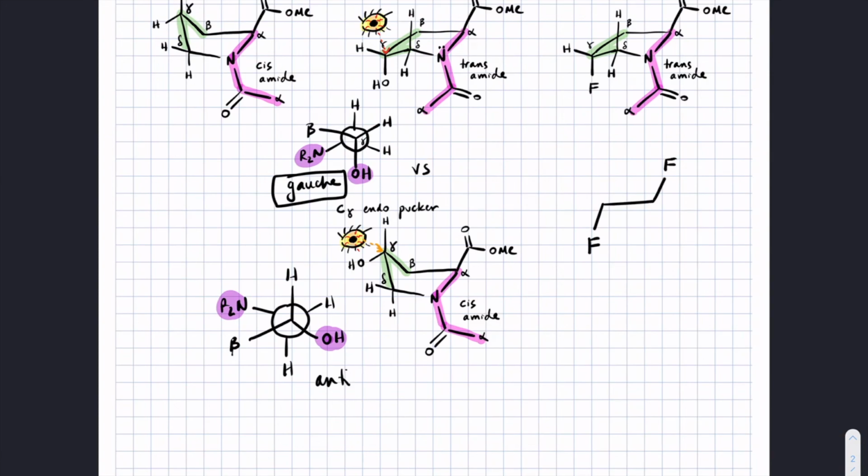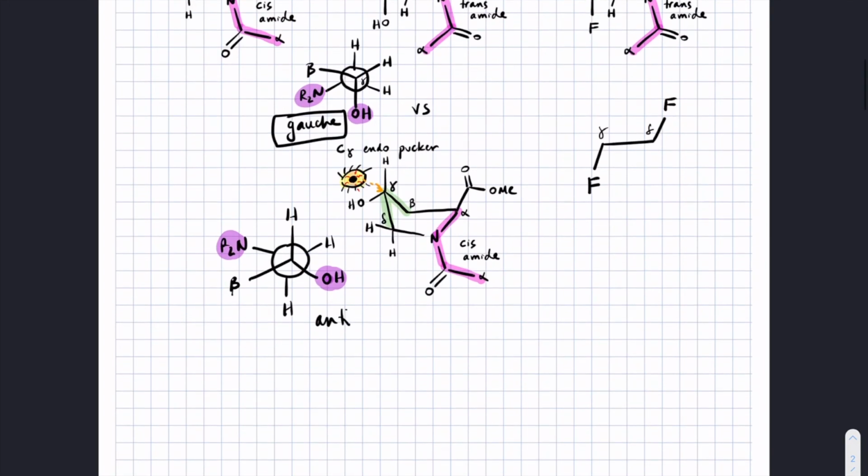Two atoms with a heteroatom, two carbons with a heteroatom on either side. That is going to be analogous to our bond between gamma and delta carbons. All right? And it's known in such cases when you have 1,2 heteroatom substituents that the more favored conformation is to have the fluoro groups gauche to each other.